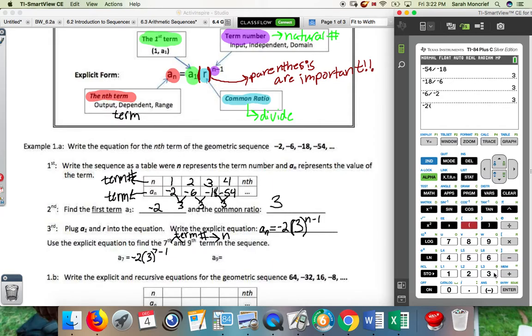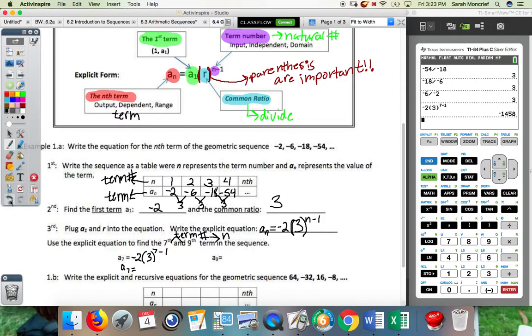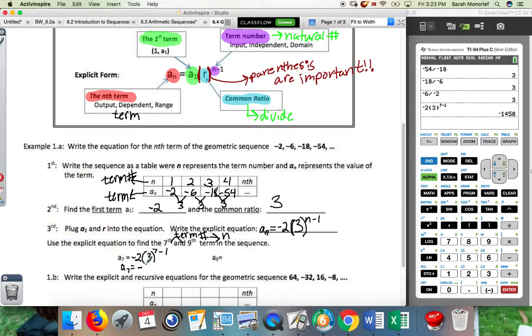Parentheses. 3 to the 7 minus 1. And what do I get? -1,458. So a sub 7 is equal to -1,458.